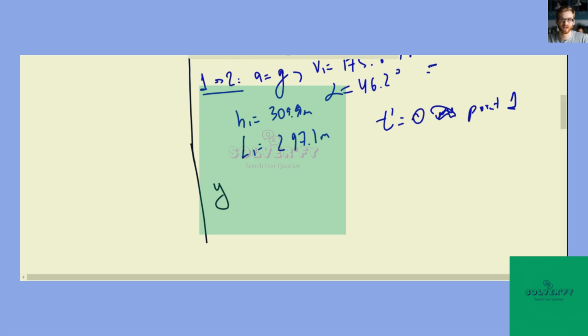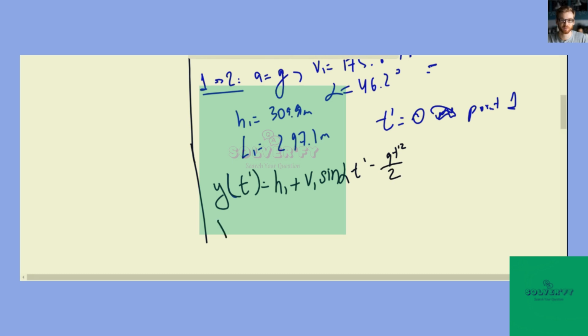Therefore y as a function of t prime equals h1 plus v1 sine alpha t prime minus g t prime squared over 2.